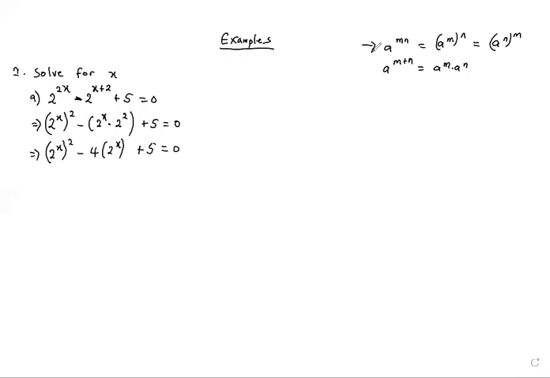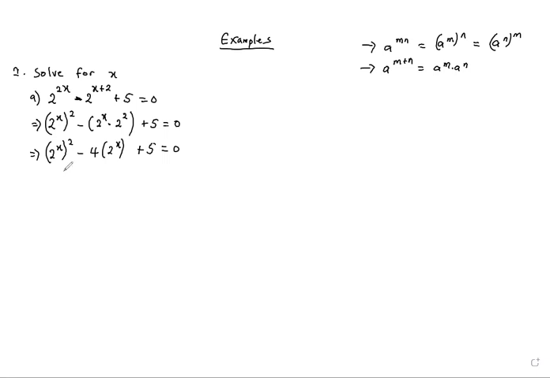We also have that a to the power m plus n is the same as a to the power m multiplied by a to the power n. So we separate the two using these two properties. So that we have 2 to the power x, squared, minus 2 to the power x multiplied by 2 to the power 2, plus 5 is equal to 0. But 2 to the power 2 is 4. So we write it as 4, and then 2 to the power x remains there plus 5.